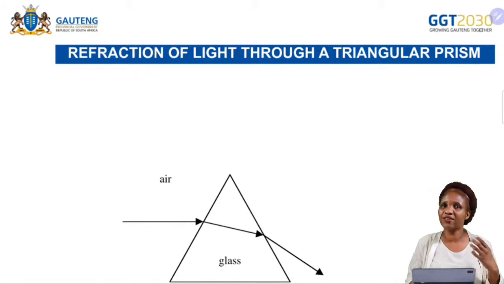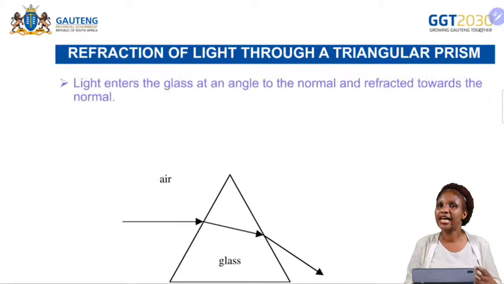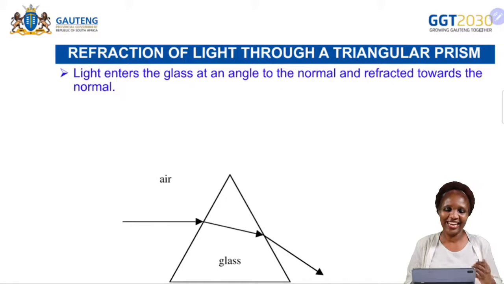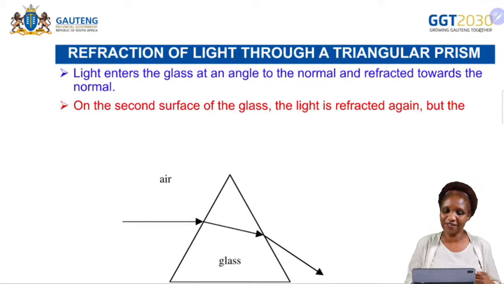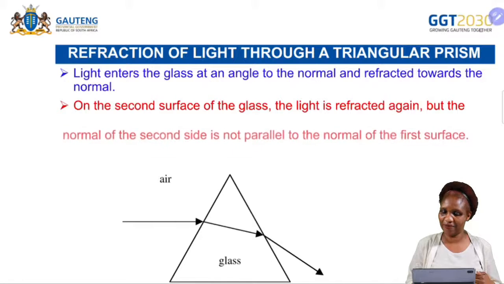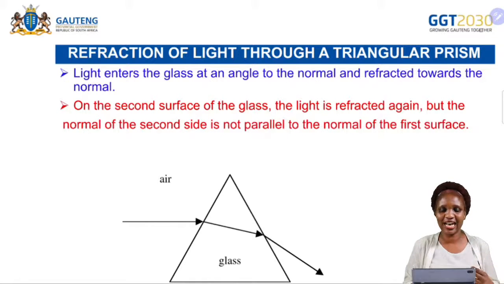Okay. Then refraction of light through a triangular prism. Light enters the glass at an angle to the normal and is refracted towards the normal. Okay. On the second surface of the glass, the light is refracted again. Okay. But the normal of the second side is not parallel to the normal of the first surface.